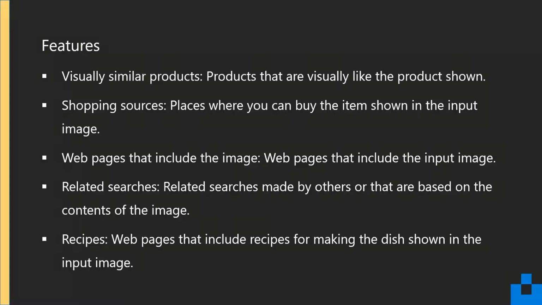So for example, the first point here, visually similar products. You can take an image, send the binary over to the API or the URL, and the API will return information in the form of JSON that lets you know on the internet where products are similar to the image that you've just uploaded. Another cool feature is the shopping sources.